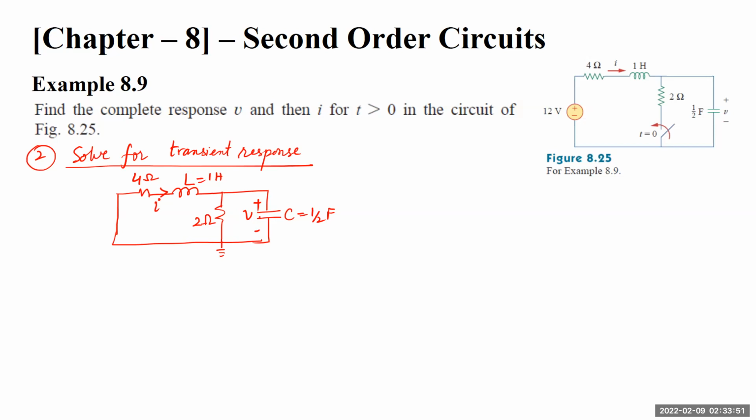Remember, it is something you may always remember or try, it works generally: if we have inductors, applying KVL generally gives better results, and for capacitors, applying KCL will generally be more suitable and much easier to solve.